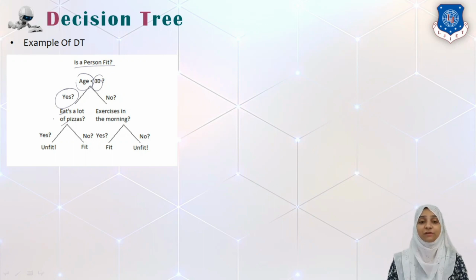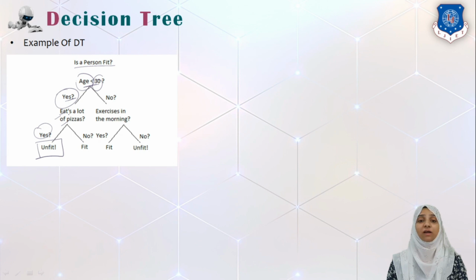If the answer of that attribute is also yes, then we can conclude that the person has the label unfit. If age is less than 30, that means the output of this attribute is yes, and the other attribute's value is no, that is the person doesn't eat lots of pizza, then we might say that the person is fit.